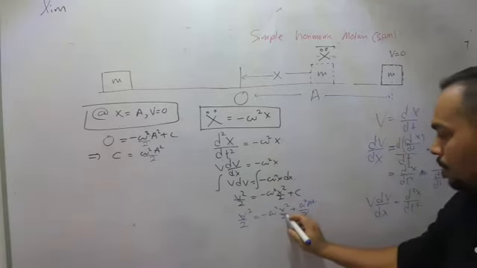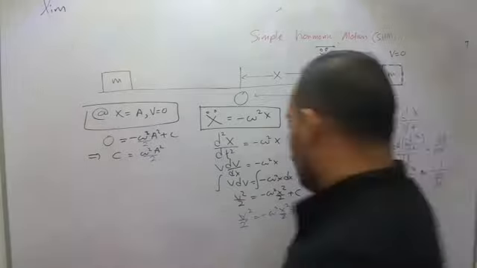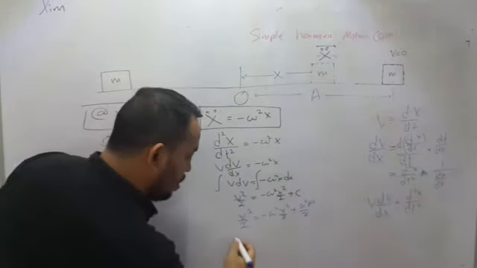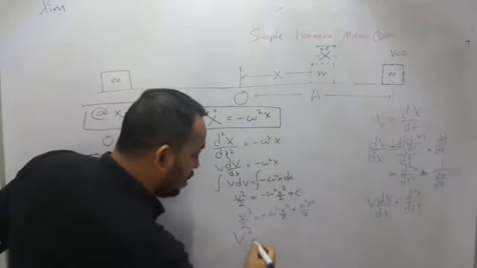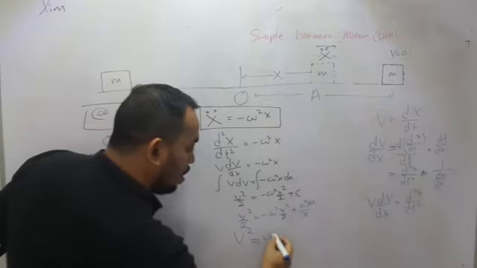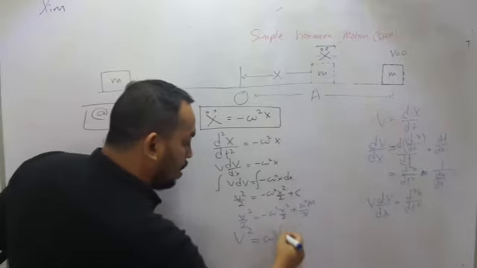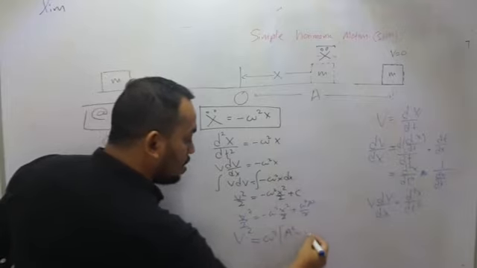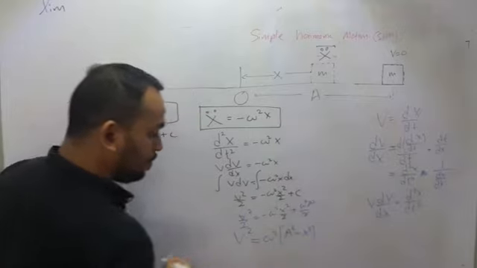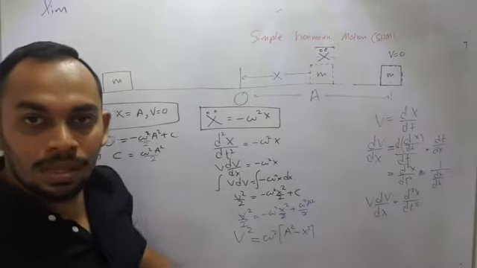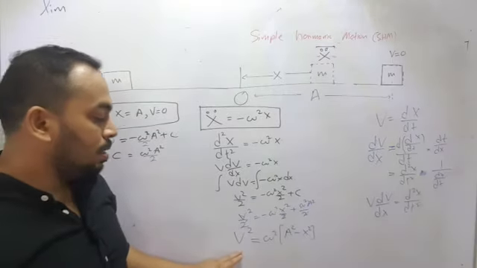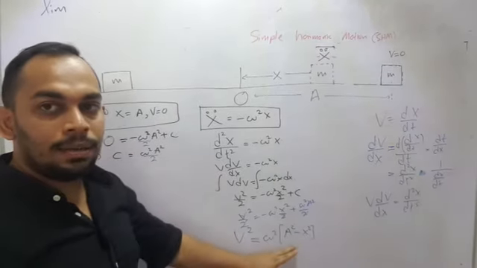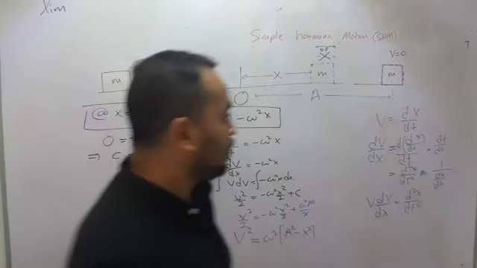So the 2 cancels off and we are left with v squared equals, we can factor out an omega squared, omega squared times a squared minus x squared. Right. So this is the equation that tells us the velocity of the particle at a particular displacement.